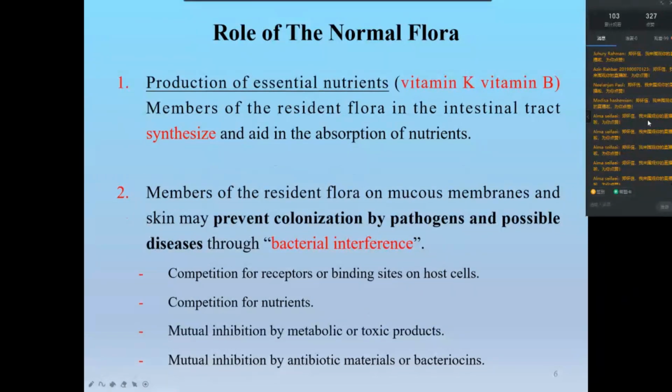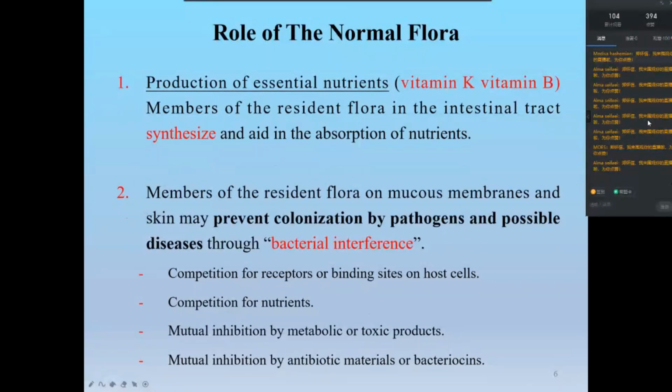Okay. Another one is that the normal flora can stimulate the development of certain tissues, including the lymphatic tissues and also the digestive tract. You know, the development of the human body, including certain tissues and organs, needs signals from the microorganisms, because that stimulation helps the tissue to grow, to differentiate, and to function.